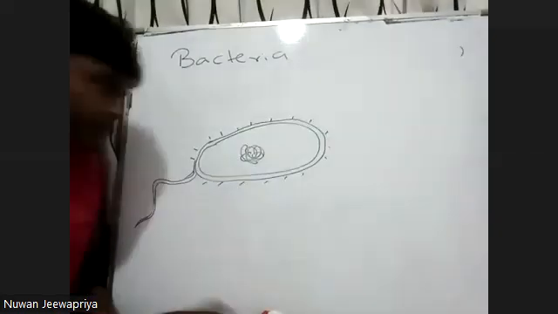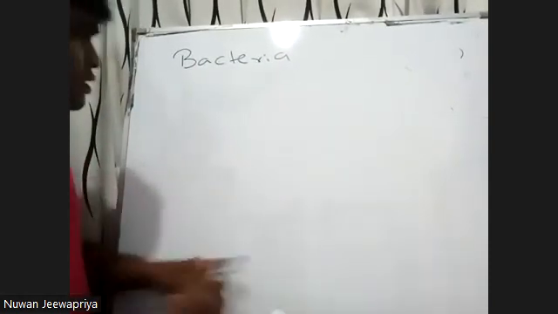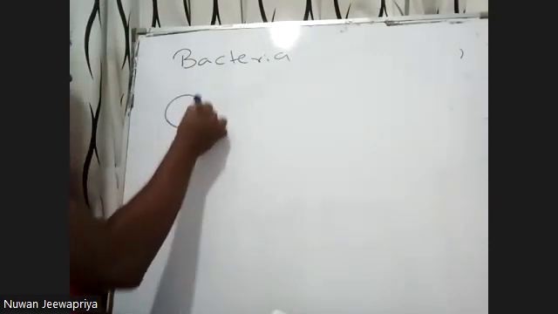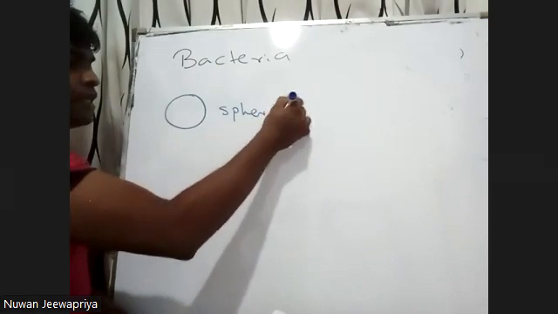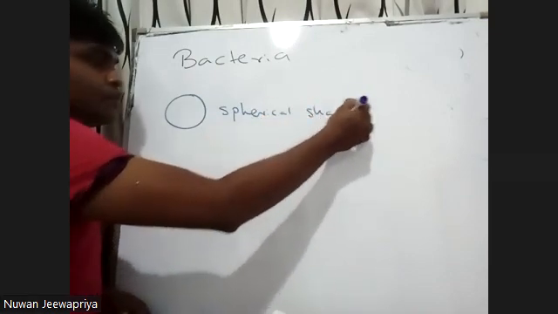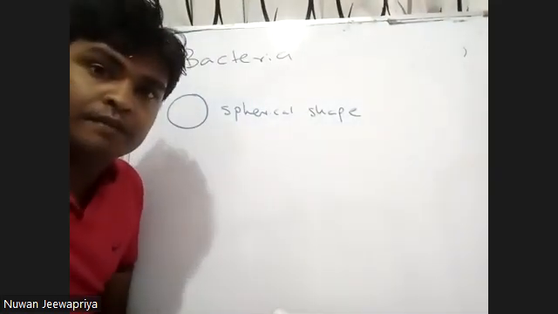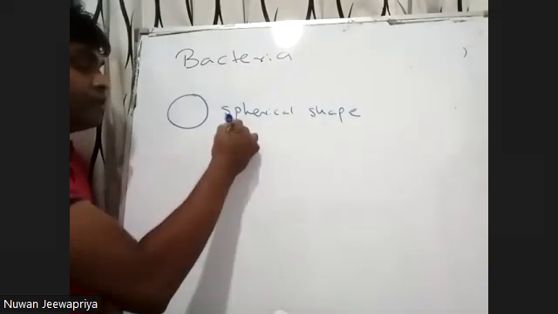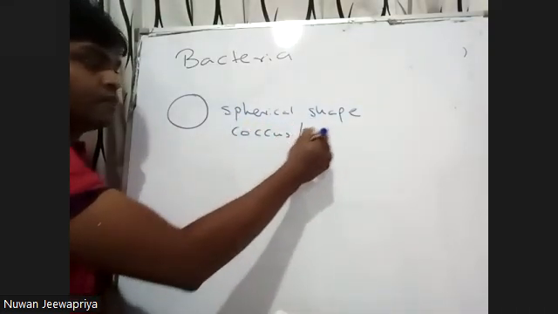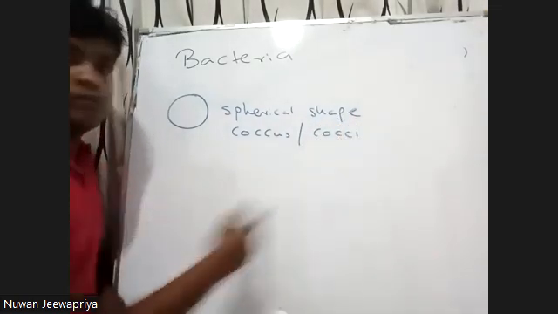So if I see bacteria of this spherical shape, we call them cocci, or in the singular, coccus. Coccus is a singular term, and cocci is the plural term.